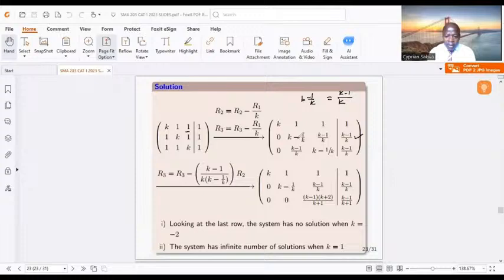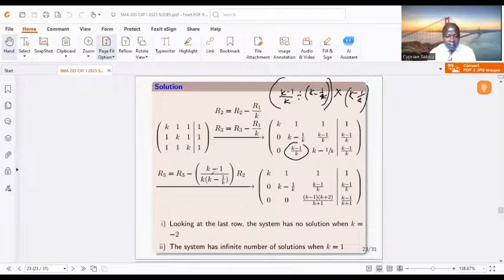Now, this one, leave it the way it is and use it to get a 0 in this position. Take this k minus 1 out of k, the whole of this divided by this k minus 1 out of k, and this result multiplied by 1 minus 1 out of k. Multiplied by k, it's k minus 1 out of k.